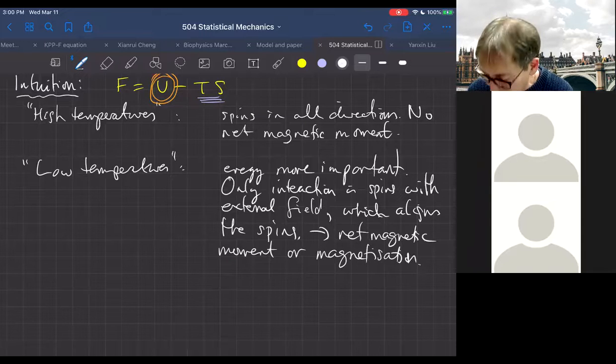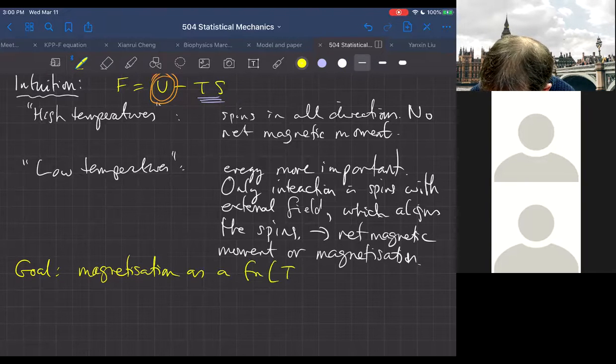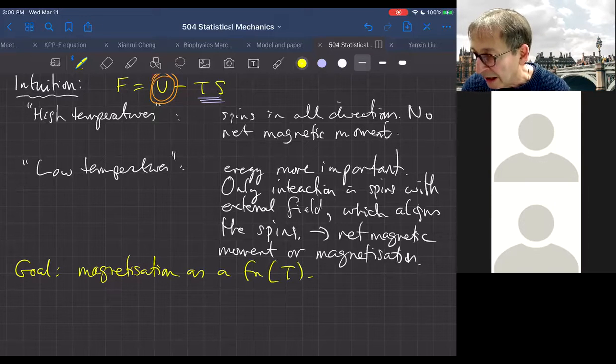So what we want to do is to calculate the magnetization. That's essentially what we want to compute.